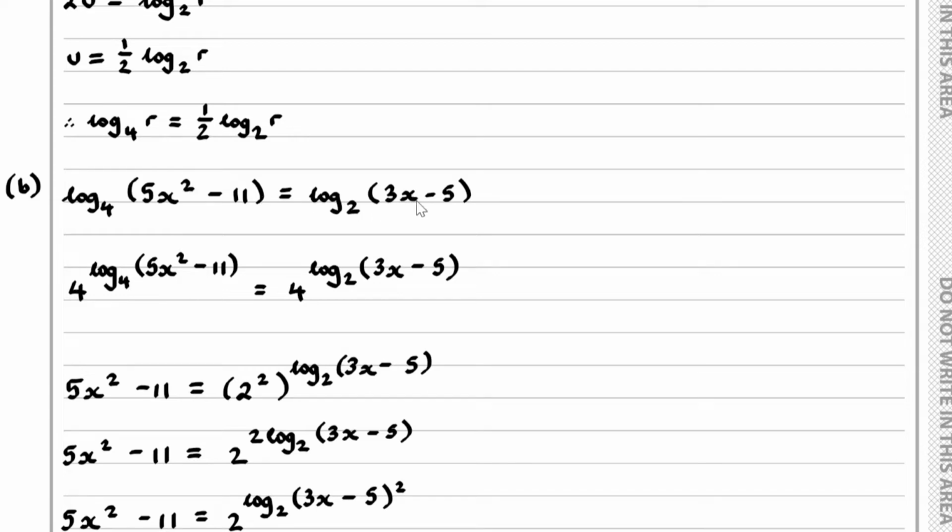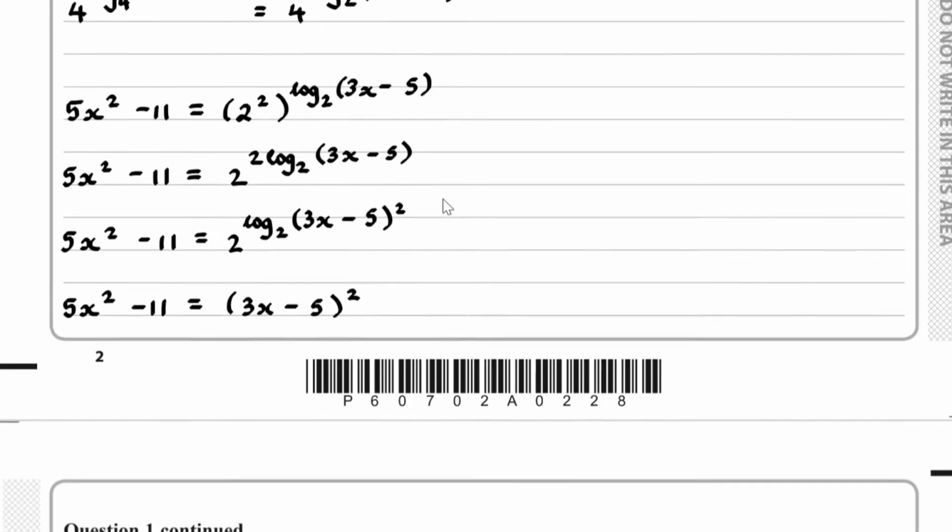Here I've got 3 times 6 minus 5, that's positive, so x equals 6 works. But when x equals 3 over 2, well, 5 times 3 over 2 squared minus 11, that's positive, but then 3 times 3 over 2 minus 5, that's negative.